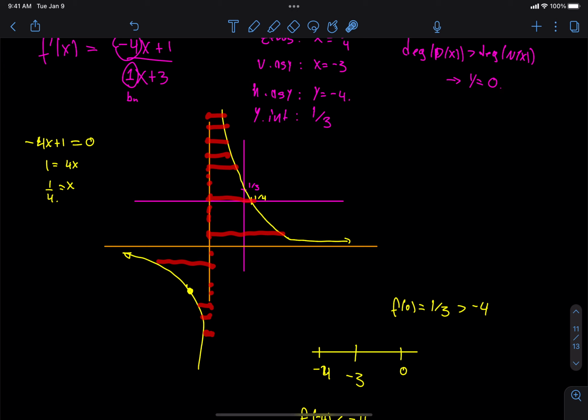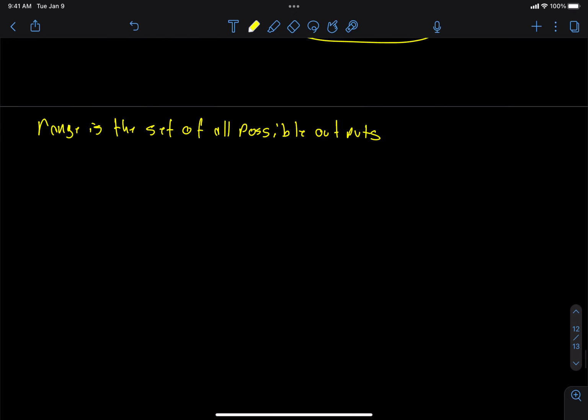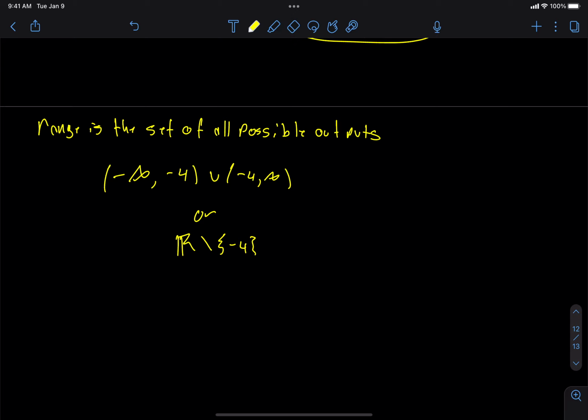But there's one height which the function will never achieve, and that is the height y equals -4. So the range, I would say, is -infinity up to -4, union -4 up to infinity, or you could say all real numbers except -4.